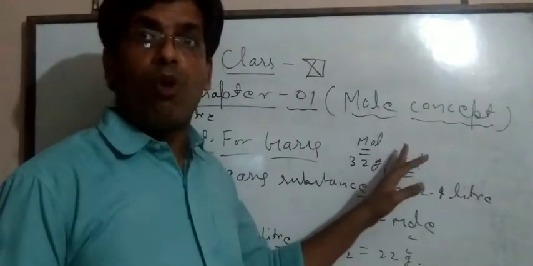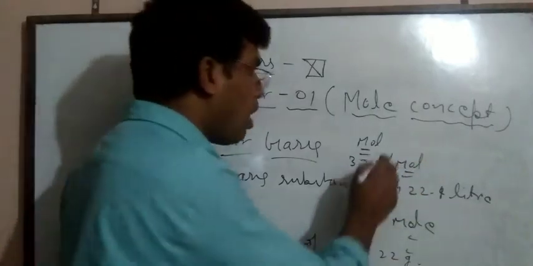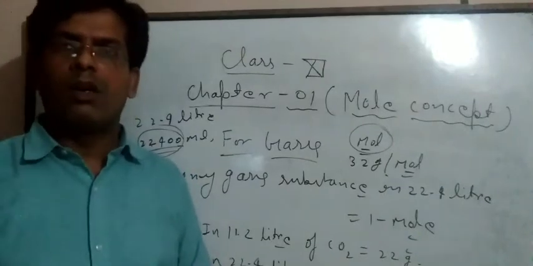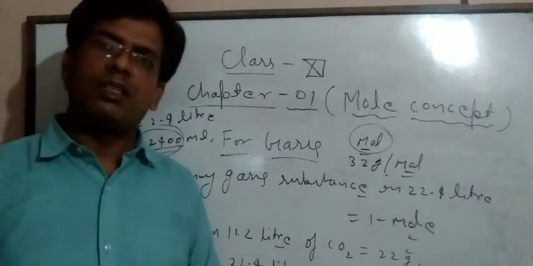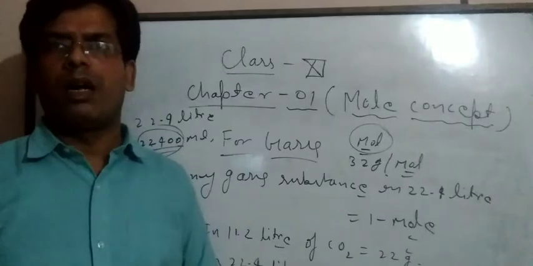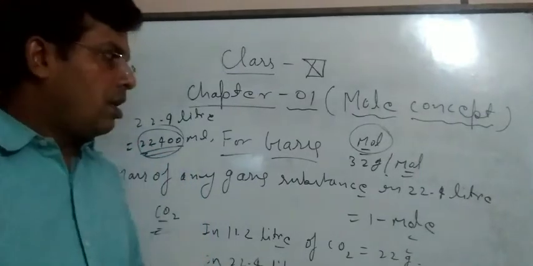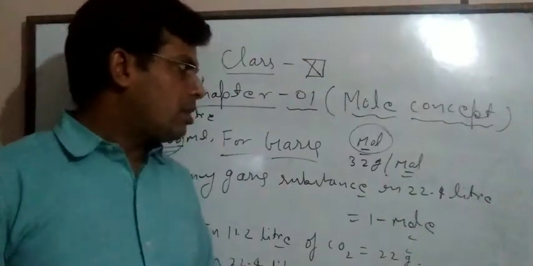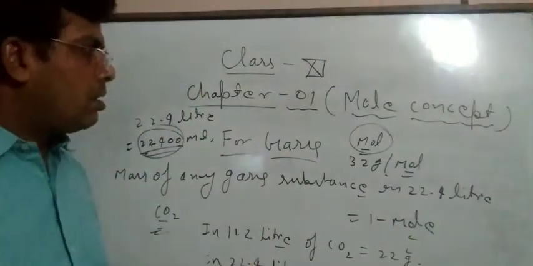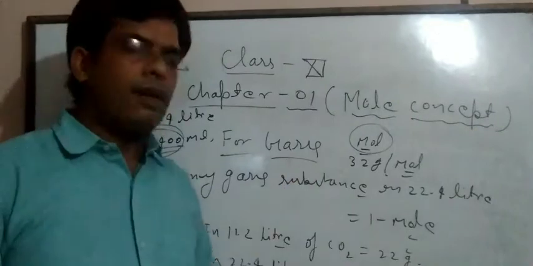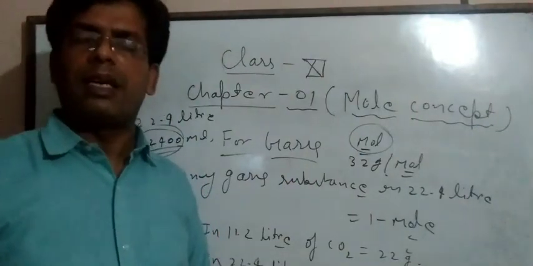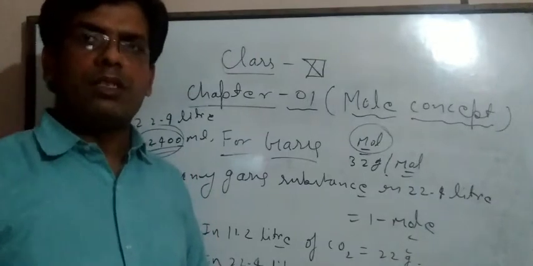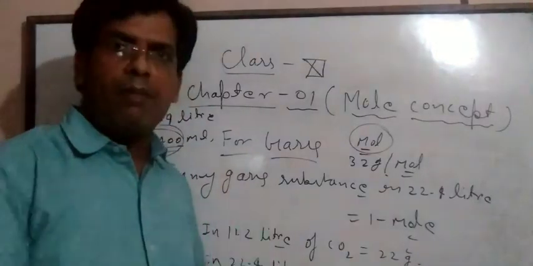Dear students, these things are very, very important, because they are generally used in the application of the mole concept. So this is about the definition of the mole concept.